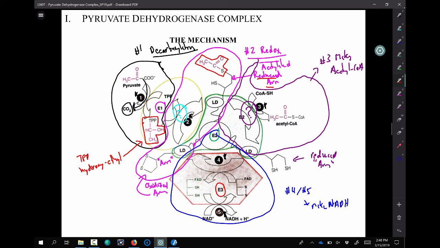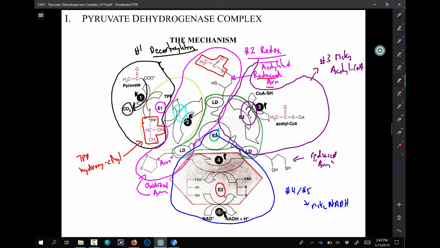Second step is a redox step to make an acetylated reduced arm. That happens in E1. The acetylated reduced arm goes to E2, and that's where transacetylation happens. An acetyl group is passed to coenzyme A. The arm remains in the reduced form, swings into E3, passes these electrons to FAD, and then to NADH. Step 5, and then you're back to the start.